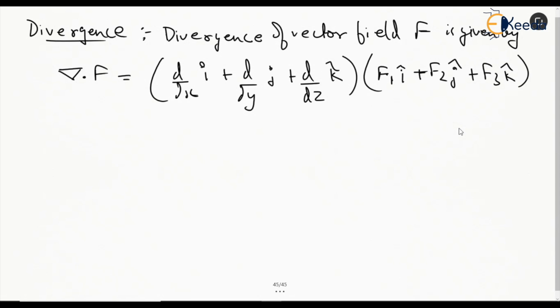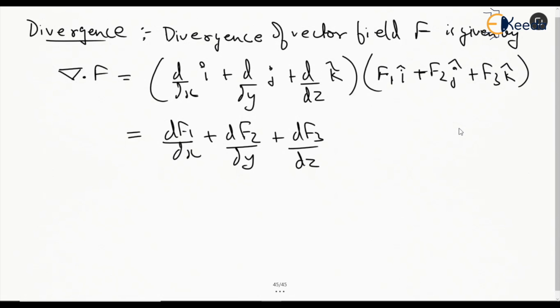Then this is nothing but df1 by dx plus df2 by dy plus df3 by dz, right?